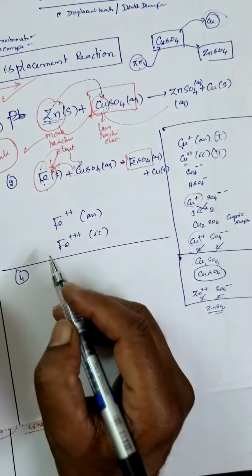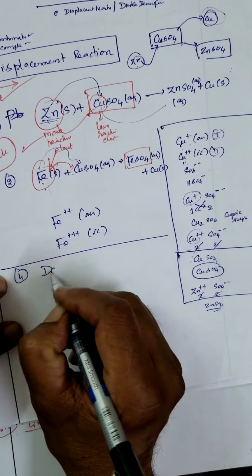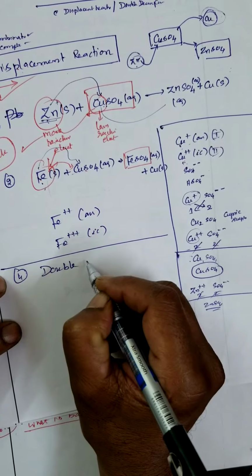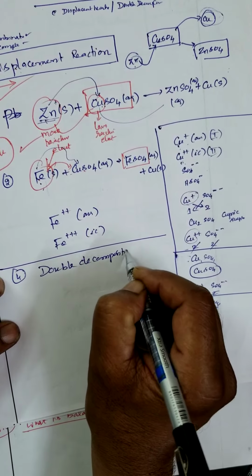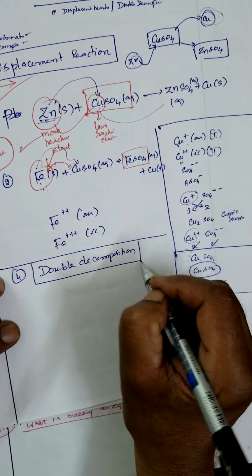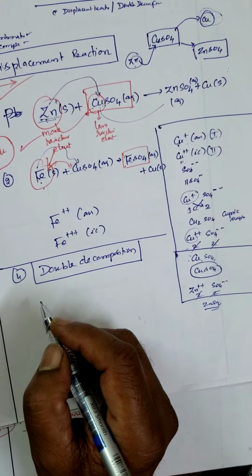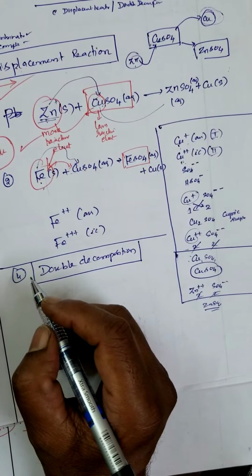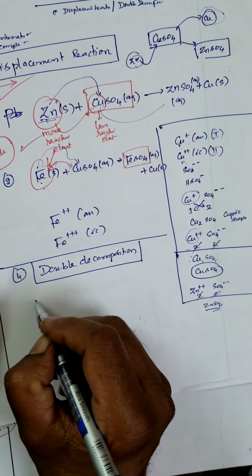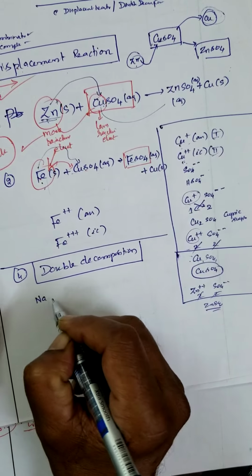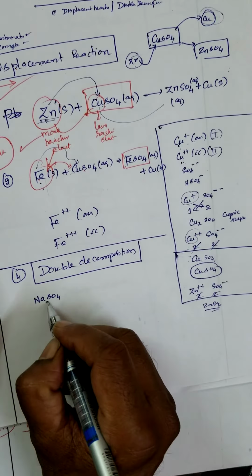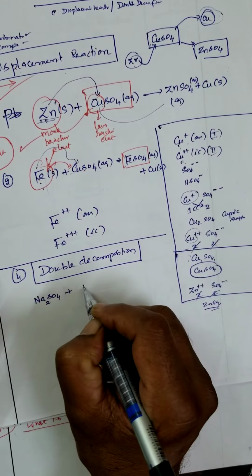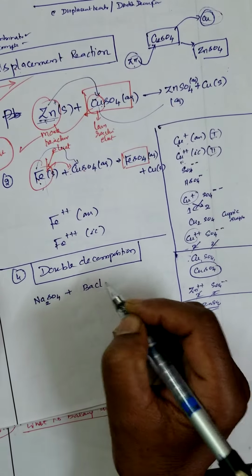Next, displacement reaction is done. Next, double decomposition. Here, sodium sulfate plus barium chloride.